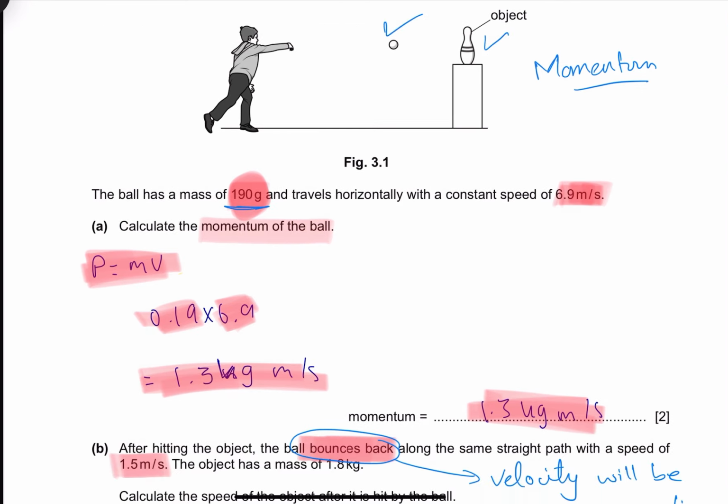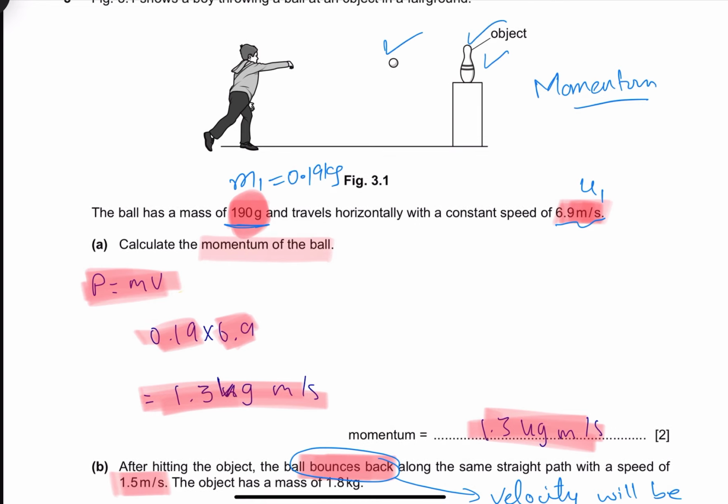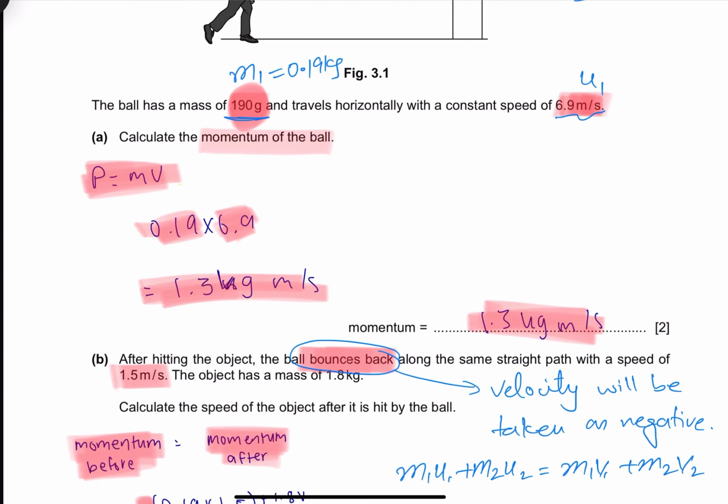This is m1, which you have to convert into kg, that will be 0.19 kg, and this is u1, the initial velocity of the first ball. This is the second object. It was at rest initially, so u2 is 0, and the mass of the second object is given here. This is m2.